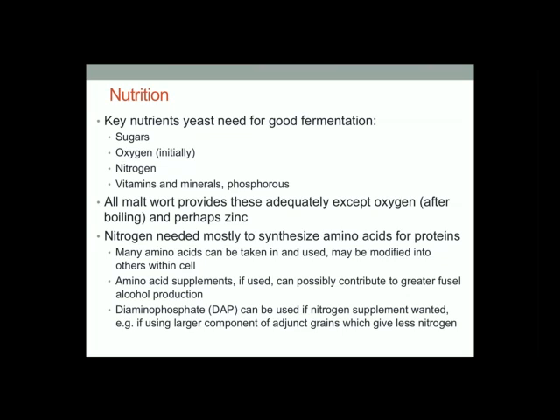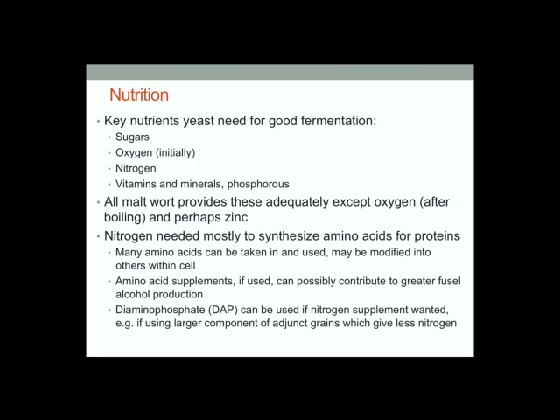In some cases, zinc may be limiting. So for nitrogen, why is this important to have? This is primarily needed for amino acids for the yeast. Amino acids are based on nitrogen, and if amino acids are present from the wort, the yeast could take these in and use them, and then they can get modified to others in the cell to be used in proteins.